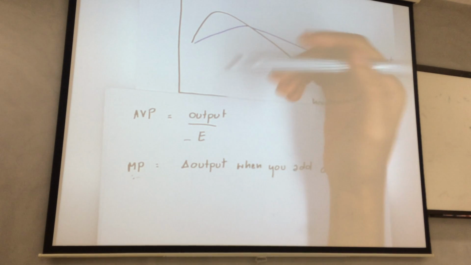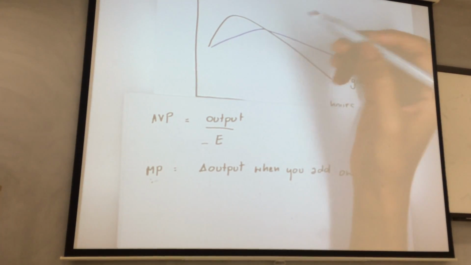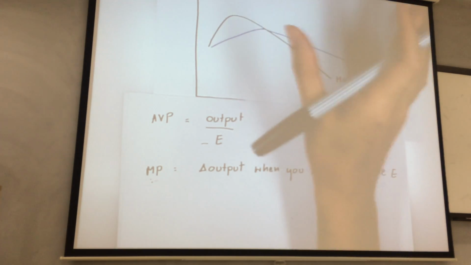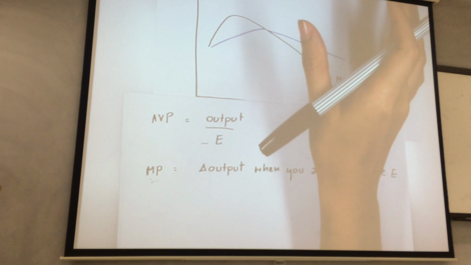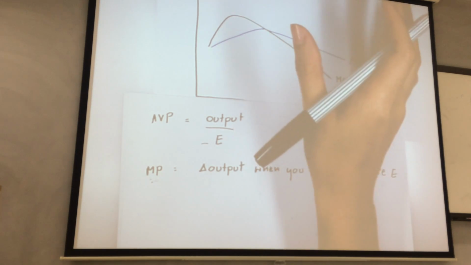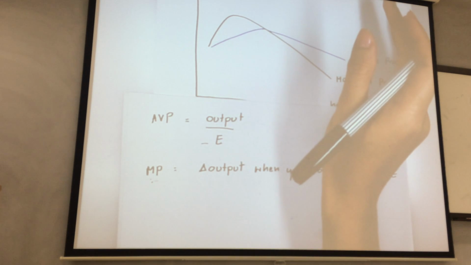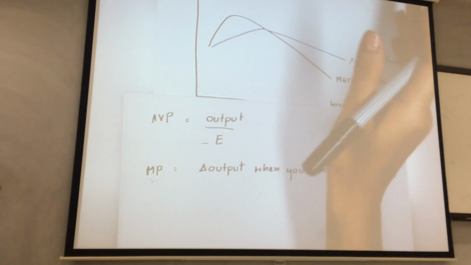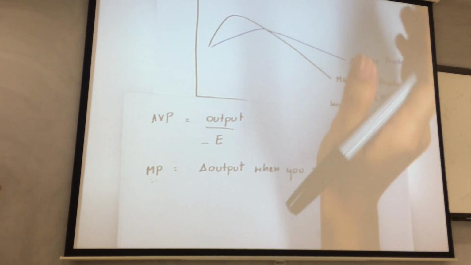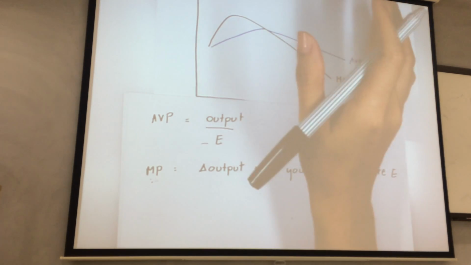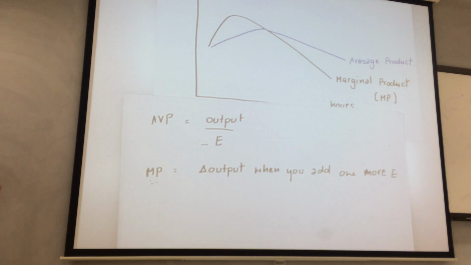It means that the additional workers or additional hours that you put into the production actually contribute more than the average before. So you can increase the average value, because the additional worker can create more product than the workers you had before did on average.